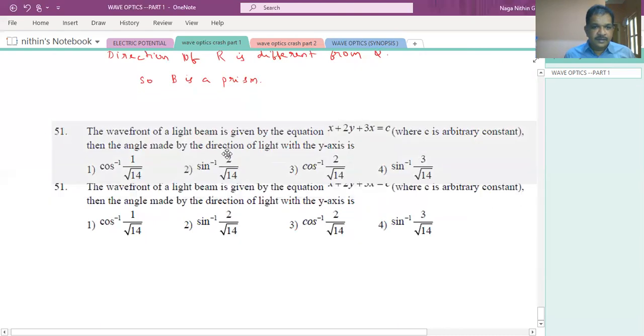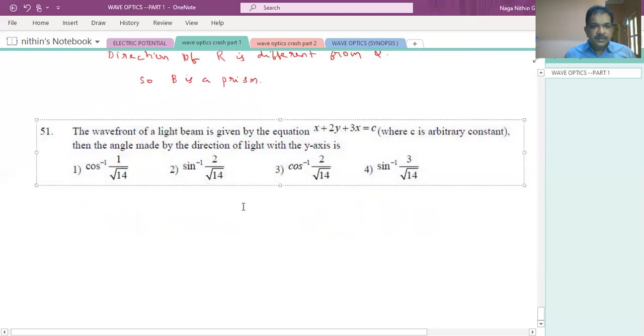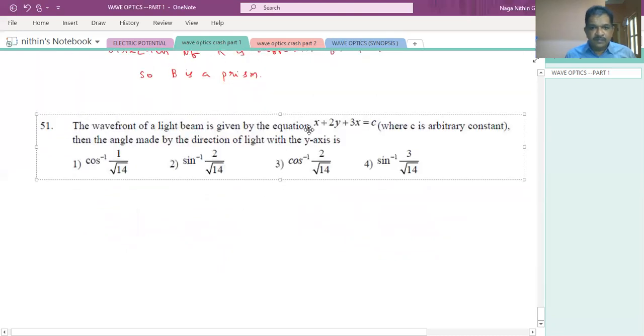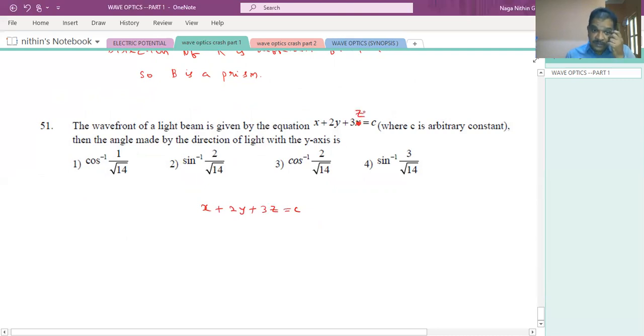Next, see the last question. The wavefront of light is given by this equation, x plus 2y plus 3z is equal to constant. Angle made by the light with the y-axis.